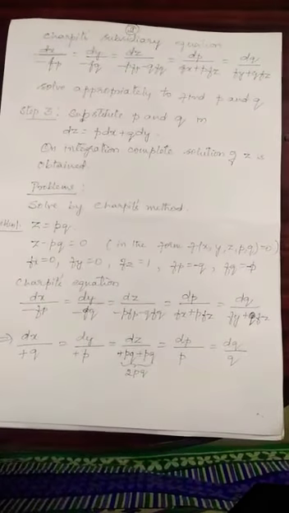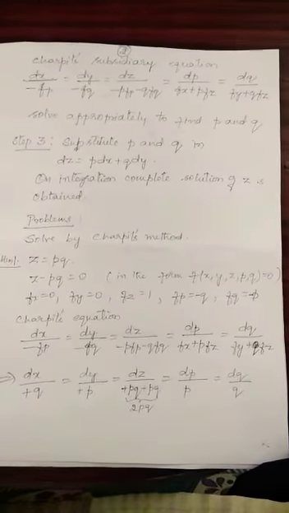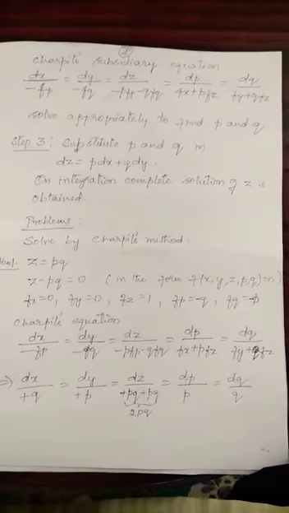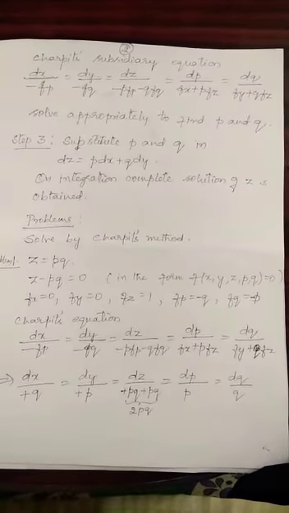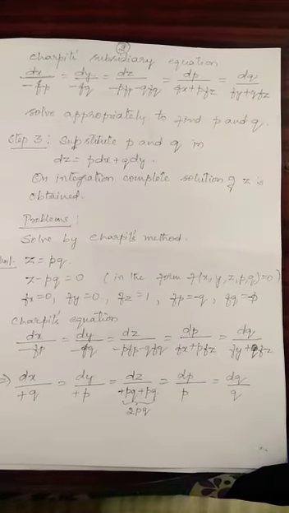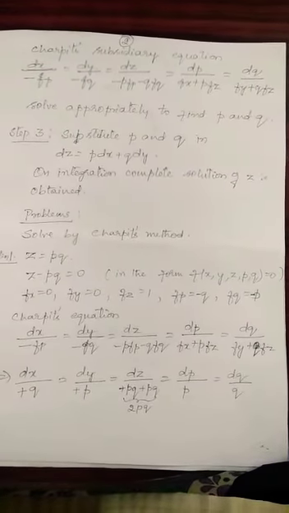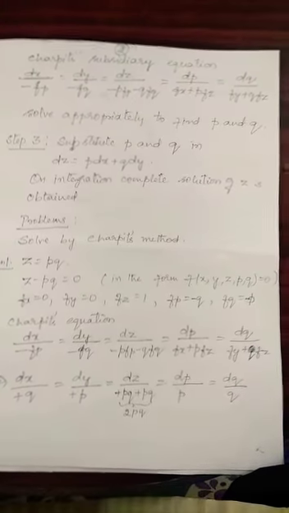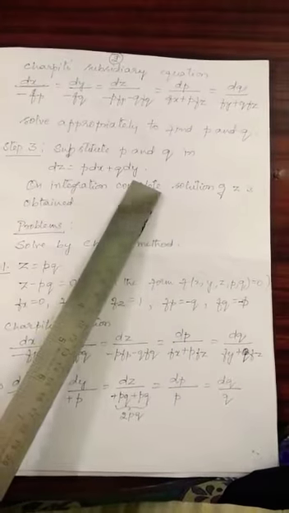Now this Charpit's equation is written clearly again over here. After substitution you have to take the appropriate two proportionals and solve for p and q. Once you find the values of p and q, step 3 is the total differential equation for z, given by dz is equal to p dx plus q dy.